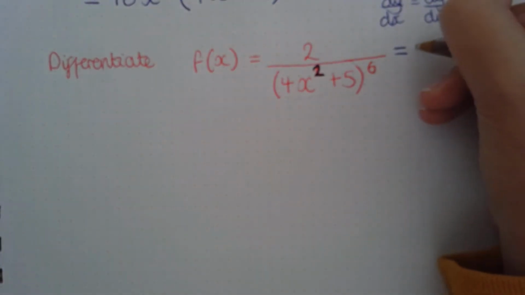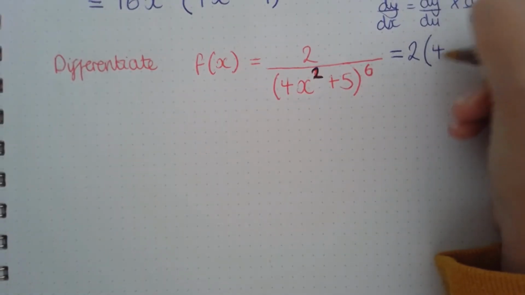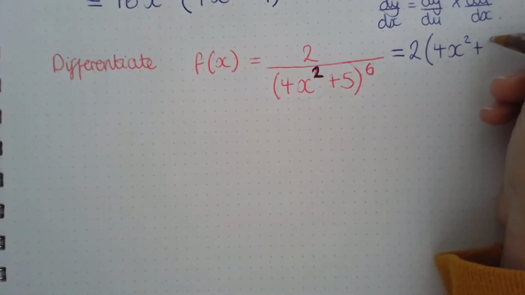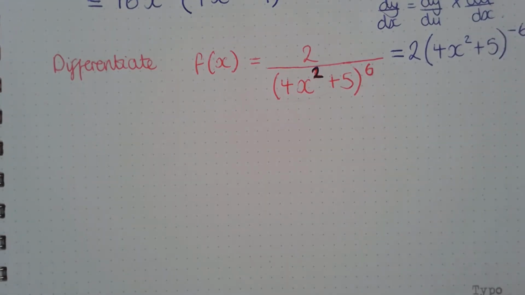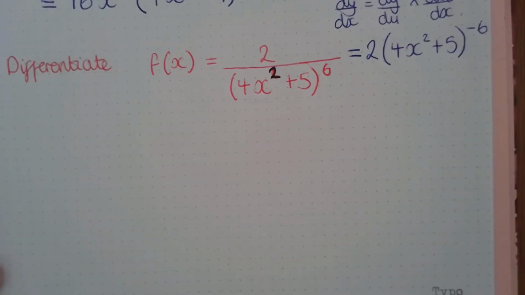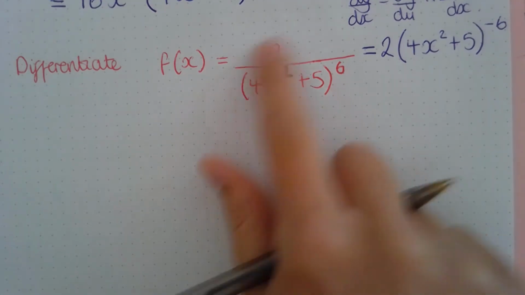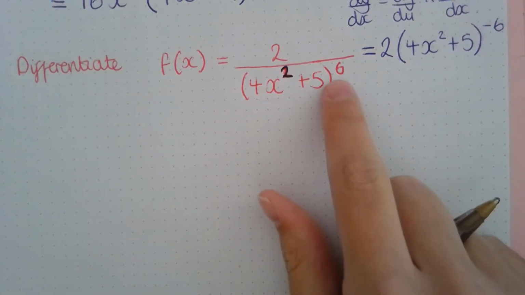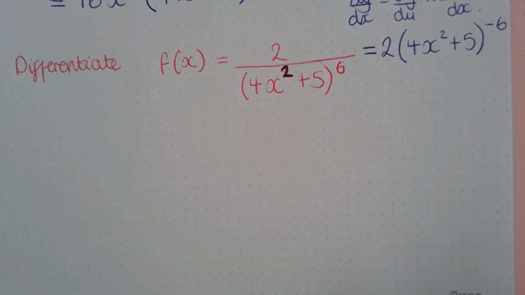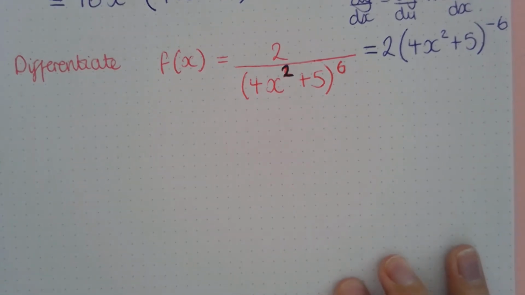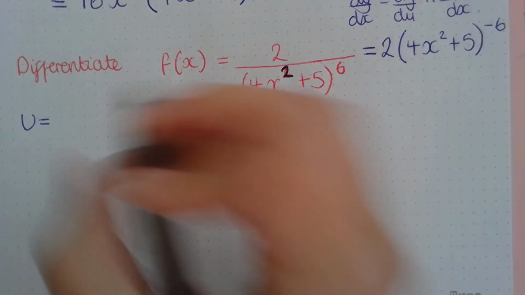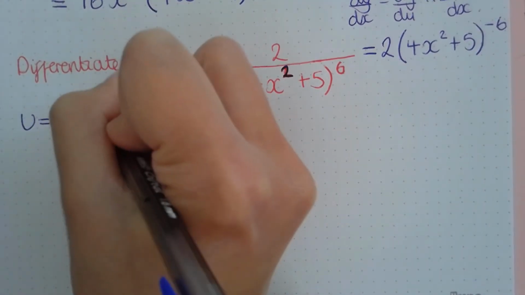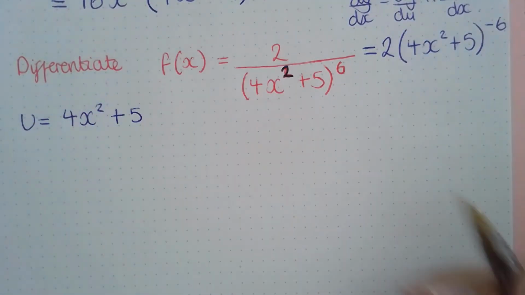So I've got 2 lots of (4x squared plus 5) to the power of negative 6. I've just written this in a different way, changed my power to a negative so that it's all in one place. So my u is equal to my brackets, 4x squared plus 5.